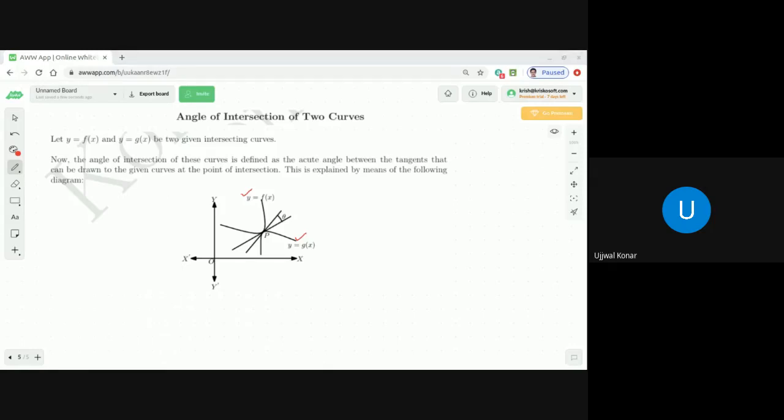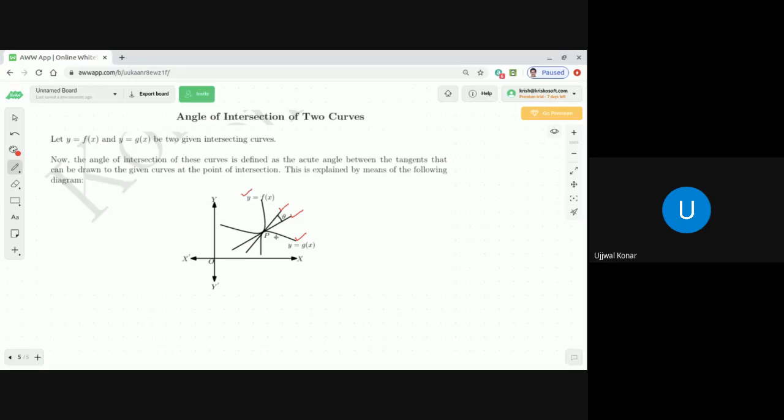Correct? This is explained by means of the following diagram. Suppose these two curves, y = f(x) and y = g(x), intersect at the point P. Now at that point P, if we draw the tangents, then the acute angle between the tangents, these two tangents, this one and this one, to both the curves at the point of their intersection, is what we measure.